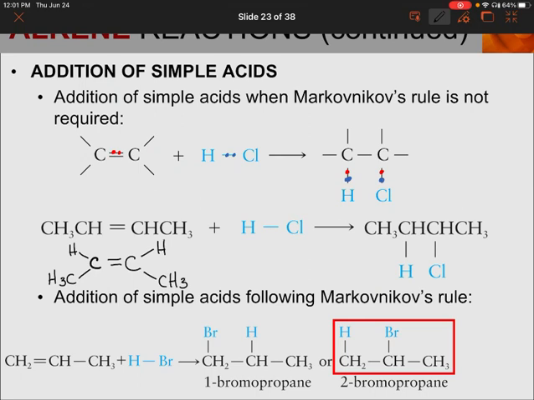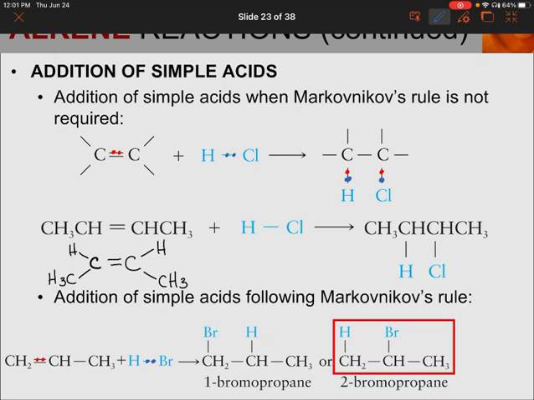However, when we look at the very last example on the bottom, again, we have that asymmetrical or unsymmetrical alkene. So when we break the double bond and we break the bond between hydrogen and bromine, there's two possible outcomes.